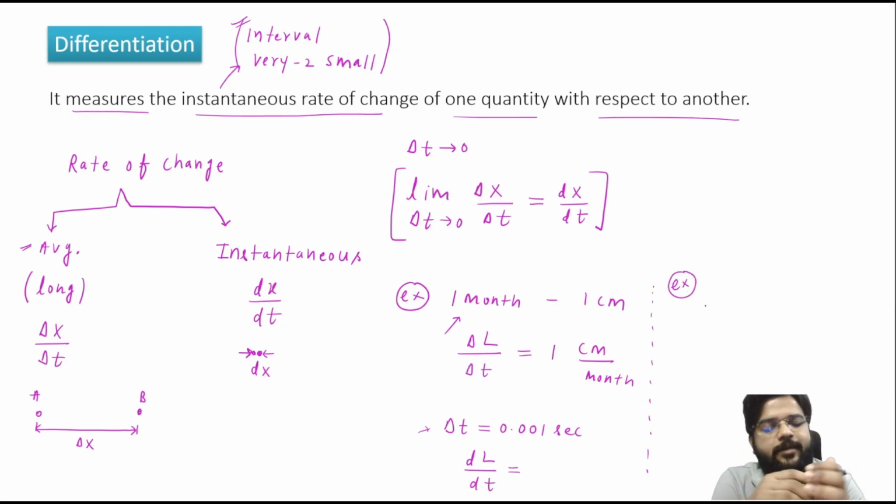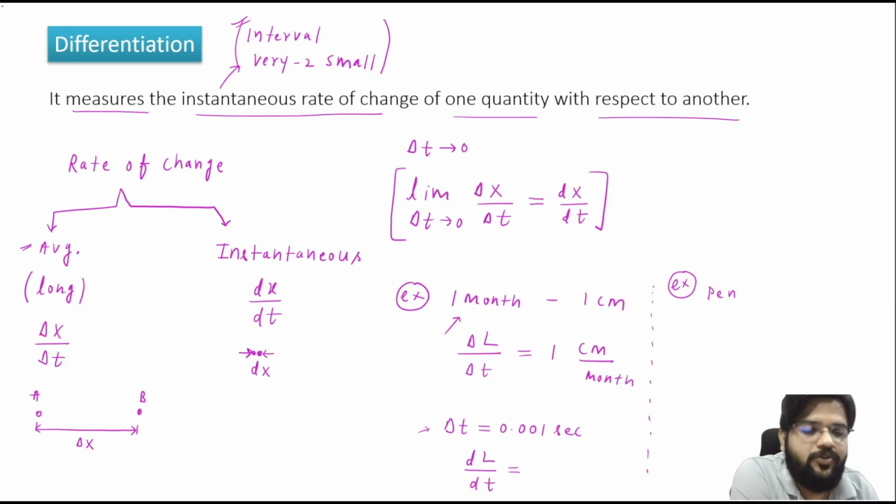So what is happening in this example, everyone? Now I want to measure the change in length of my pen. So now we are talking about the pen, everyone, correct? We know that with respect to time, the length of this pen is not changing. If I measure the length of this pen right now and after 1 month, the length will remain the same, correct?